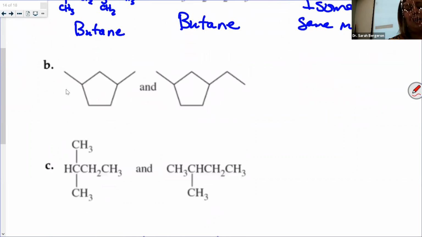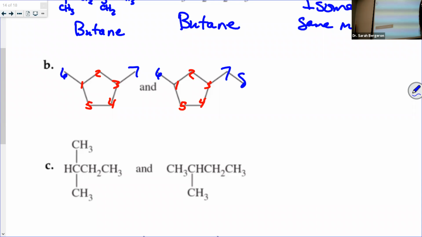Okay, let's do the next one. Let's count our carbons. So I'm going to count my ring first. 1, 2, 3, 4, 5. And then I have 6, 7 as substituents. Let me do the other one. 1, 2, 3, 4, 5, 6, 7, 8. Do you see a red flag?